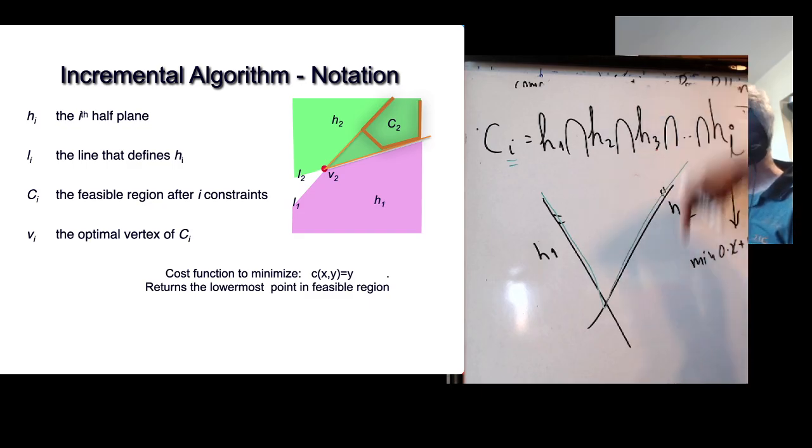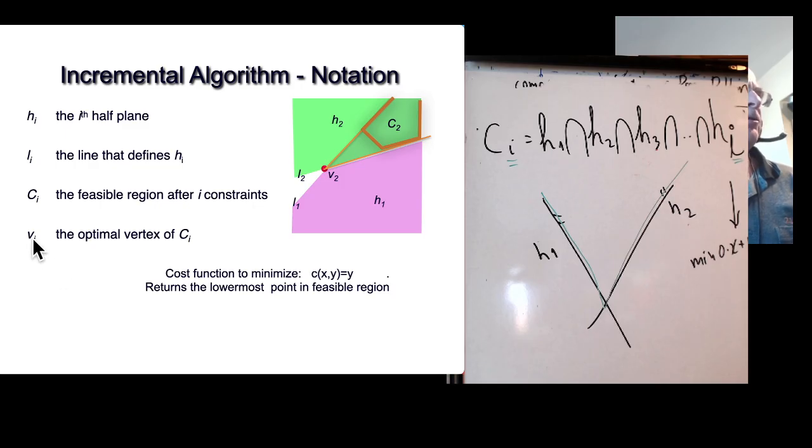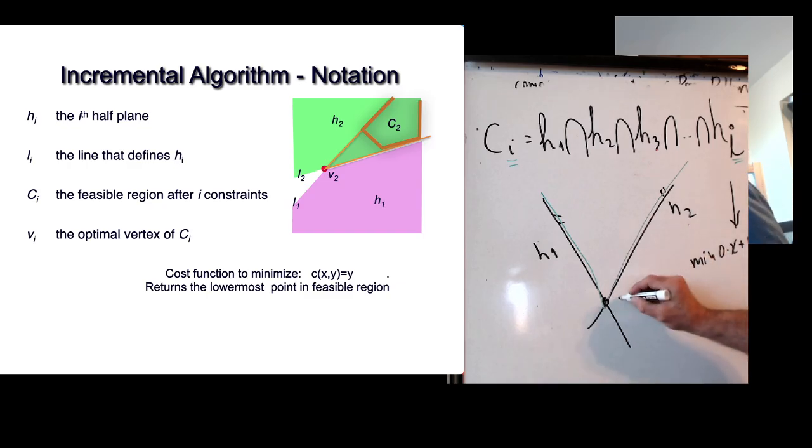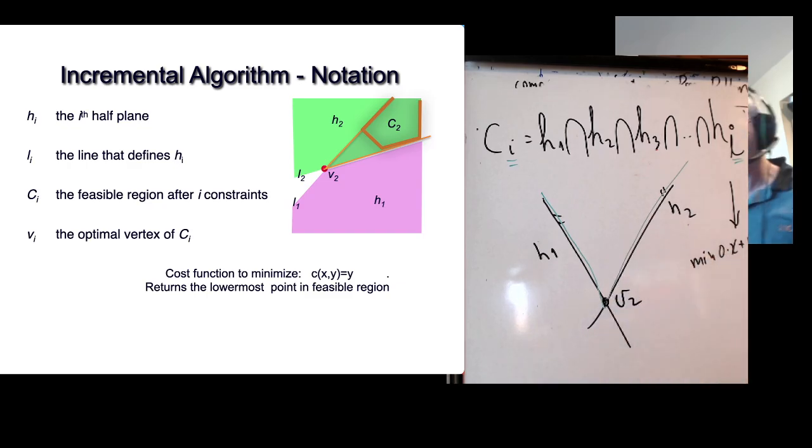My cost function tries to push me lower and lower. And out of all the infinitely many points in C2, I only care about V2. What is V2? The optimal vertex of C2, the optimal to my cost function that I have right now. My cost function points downward, then this is V2.